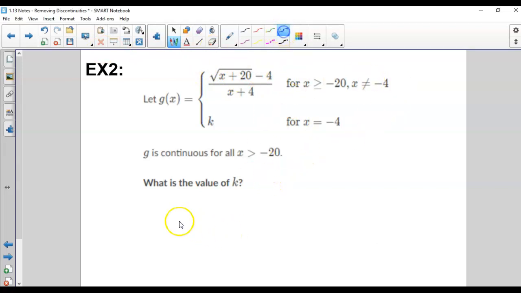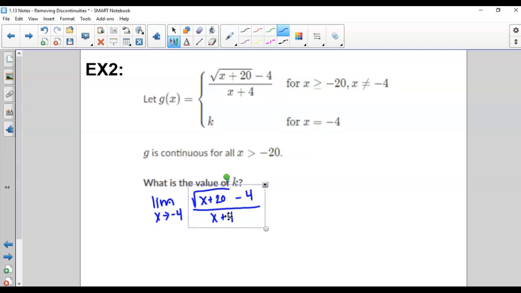So we're going to do the limit as x approaches negative 4 of the square root of x plus 20 minus 4 over x plus 4.